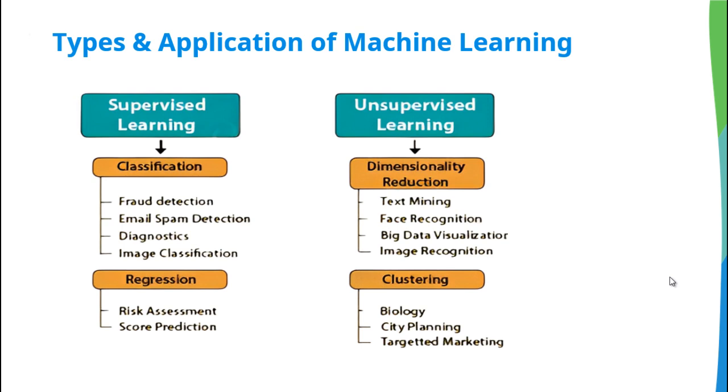That means there is a target variable, while in unsupervised learning there is no target variable. Or I can say it the other way: for supervised learning there is a labeled variable, and for unsupervised learning there is no labeled variable. Whichever language you want to use to describe it, all are the same, but it's when you are dealing with it practically that you understand better what I'm talking about.